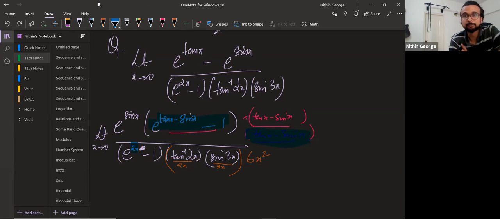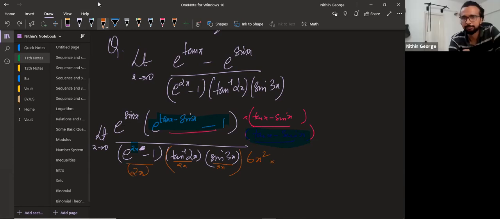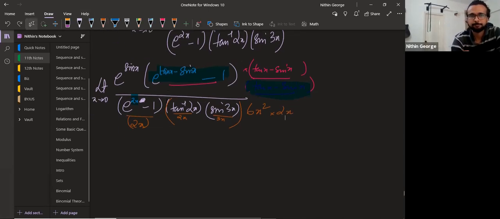E power x minus 1 divided by x when x tends to 0 is 1. And here instead of x, you have tan x minus sin x. Similarly, here you'll divide by 2x, e power x minus 1 divided by x. So to make up for that, you'll multiply this by 2x as well. Are you following what happened here?